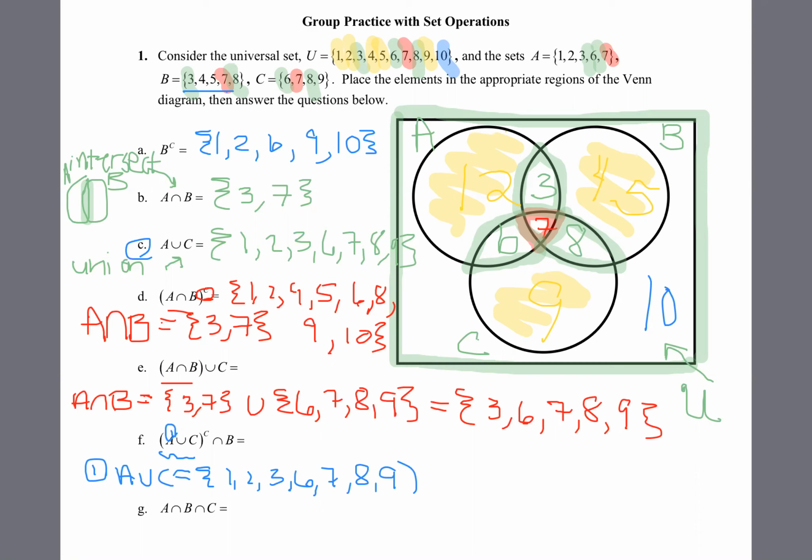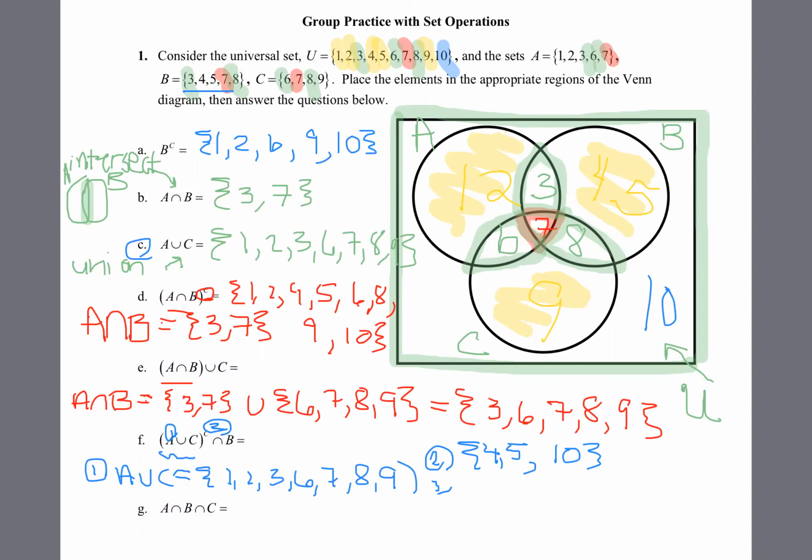Then we're going to do exponents. So we're going to complement it next. So for the complement, it's everything else in there that's not included. So 4, 5, 10. So it's everything missing.